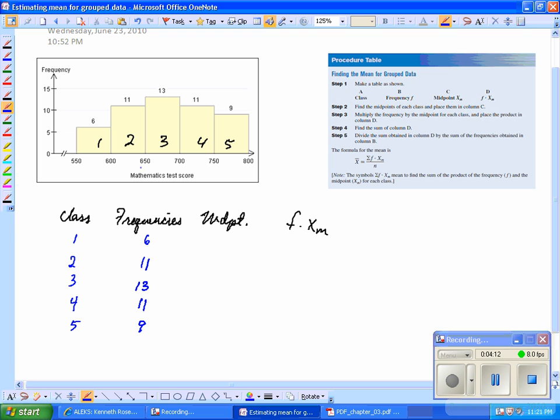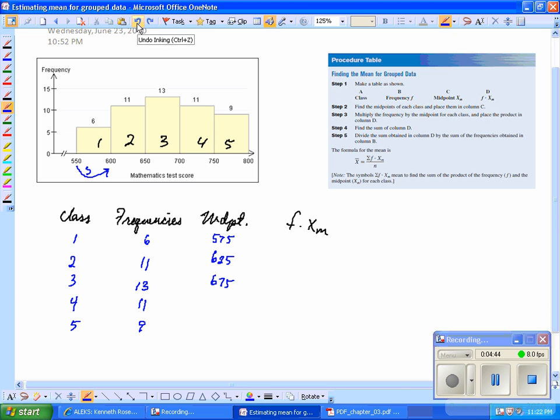The midpoint of the first class is 575. Of the second class is 625. Of the third class is 675. And once I do the first class, by the way, because it's 575, and I know these are skipping by 50, the midpoints must also skip by 50 to arrive at the next midpoint, which would be 625.